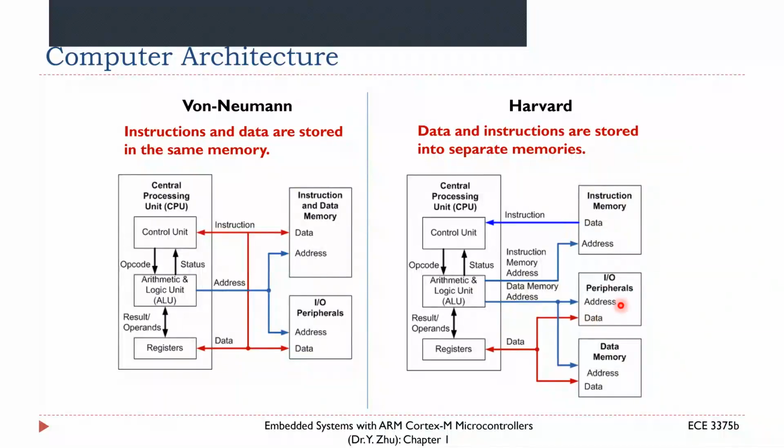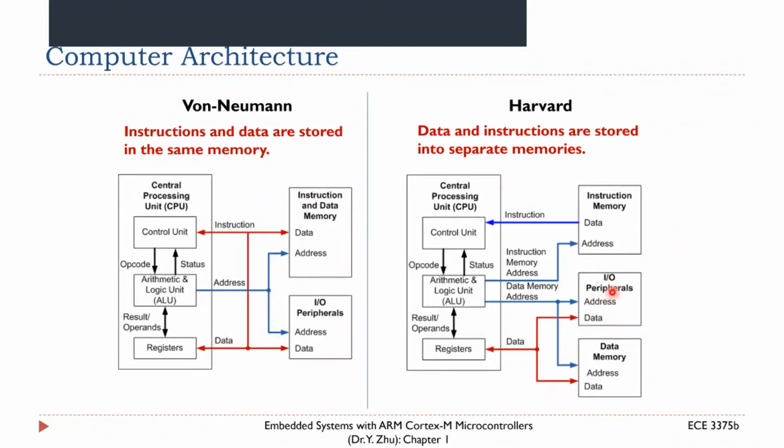And usually I/O peripherals we refer to as data. So the data for these two blocks would be connected to the common data bus, and that would be bidirectional.